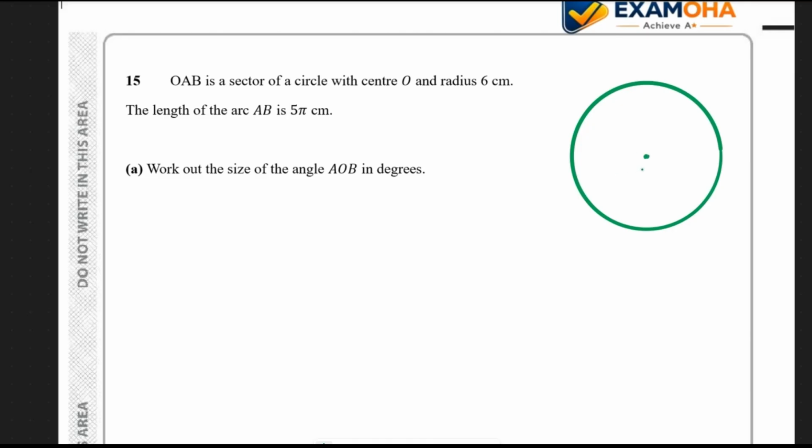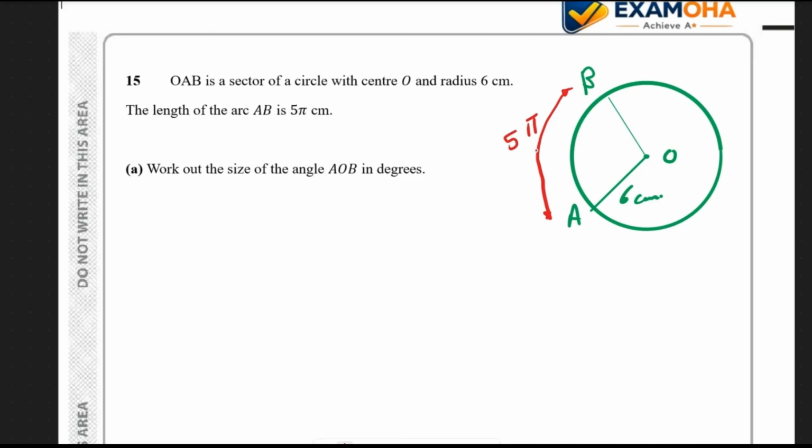Its radius is 6 centimeters, this one 6 centimeters here, and this is O, and OAB, so A and B, is the sector. The length of arc AB is 5 pi, so this arc length is 5 pi.